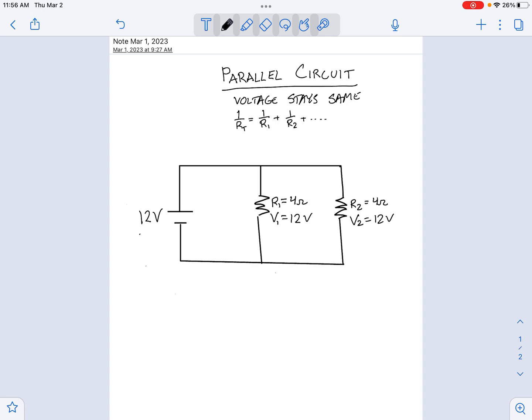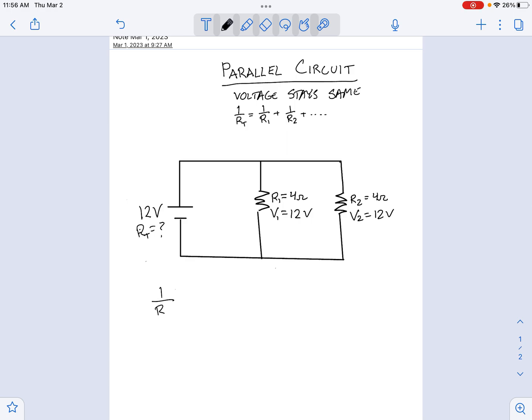So here, if we're trying to solve for RT, we can say 1 over RT is equal to 1 over R1 plus 1 over R2. Now we can just plug in the values that we have. We can see from up here that R1 is 4 ohms and R2 is 4 ohms.